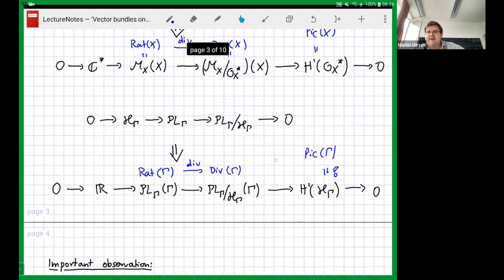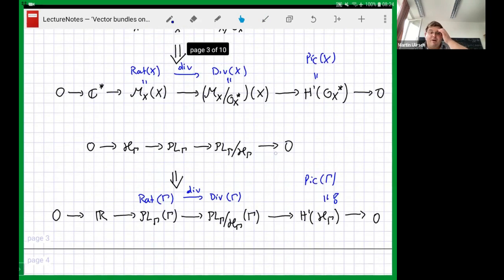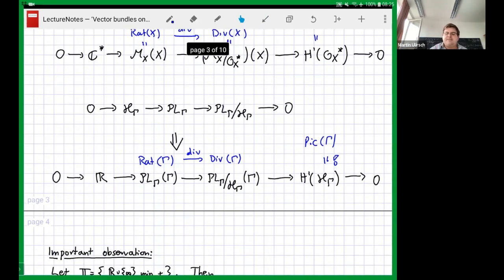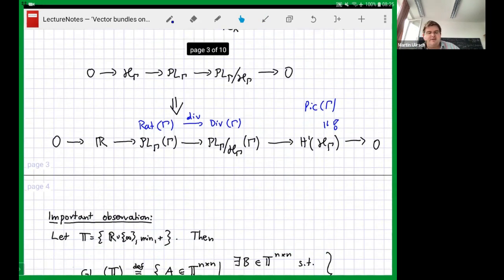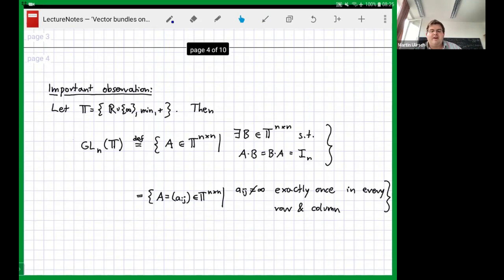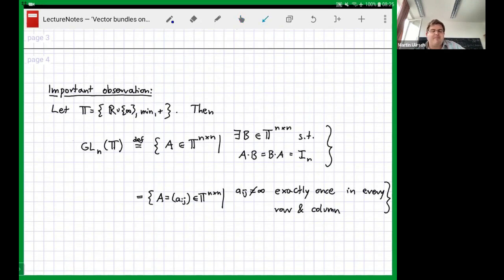Okay. So our strategy will be, to define vector bundles, that we do not want to look just at O_X star torsors, but at GL_n of O torsors. So we need a notion of a general linear group in tropical geometry. And the first way of doing that is as follows. We can think about the tropical numbers, R union infinity, with the min as the addition and the plus as the multiplication.